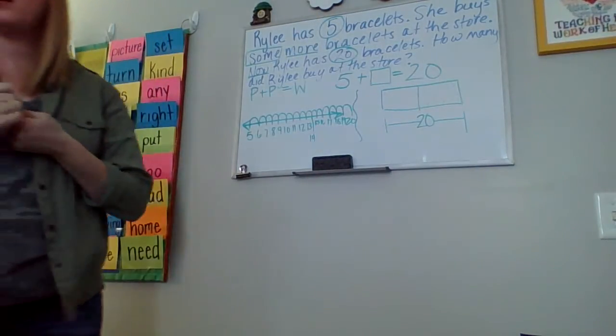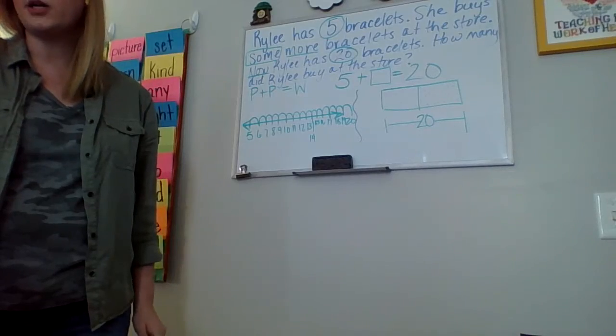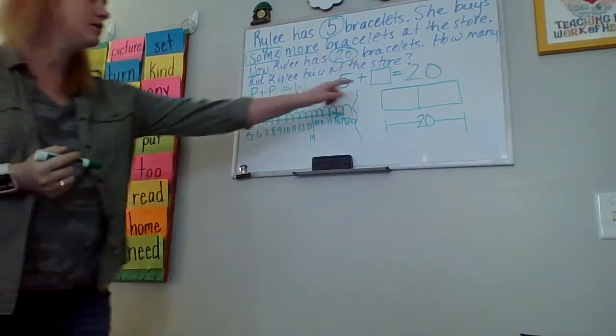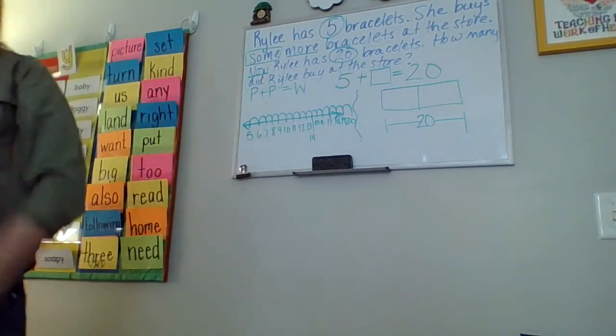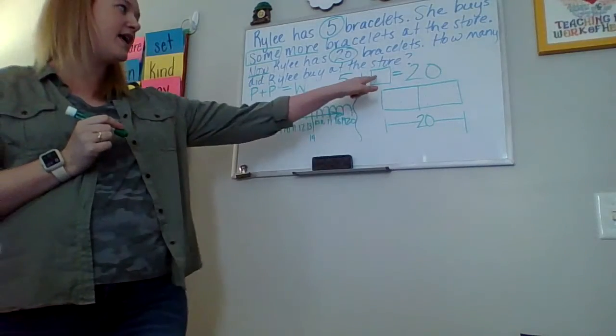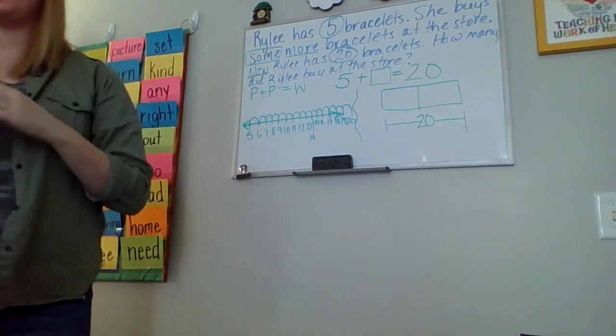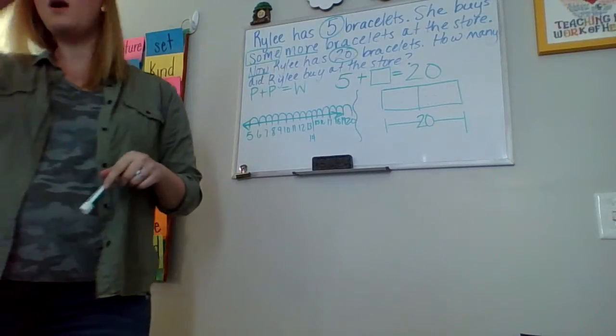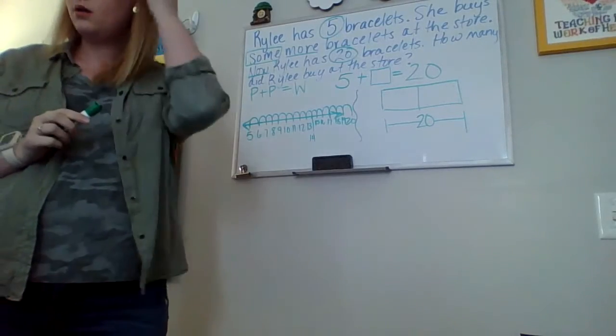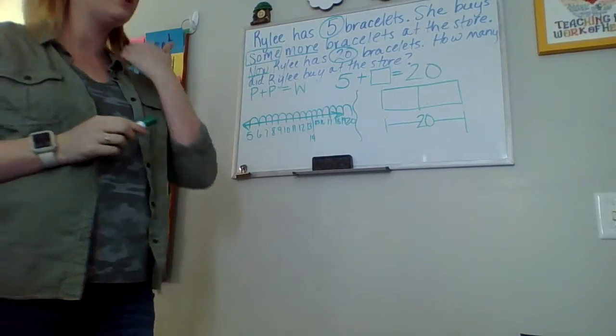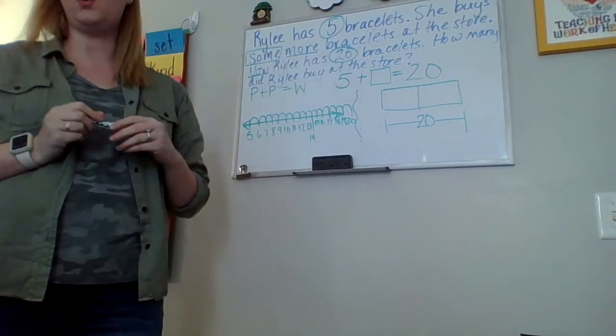Now, go ahead and type in your answer for the unknown number right here into the chat bar. Only do it once. The answer for the unknown, not the answer to the equation. The answer to the equation is 20.